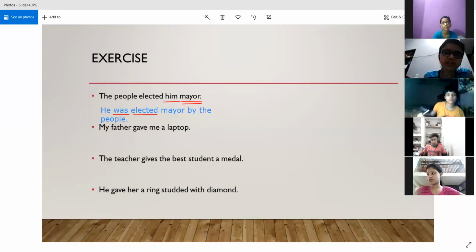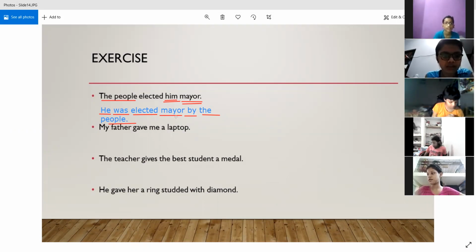Him was the main object present over here, so it has been converted into the subject he. The people, that was the subject in the active voice, has been changed into the object in the passive voice, by the preposition has been attached, and this mayor was just the complement of the object him in the active voice. So we have placed it as it is, right?